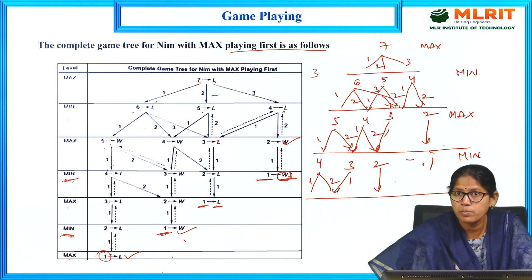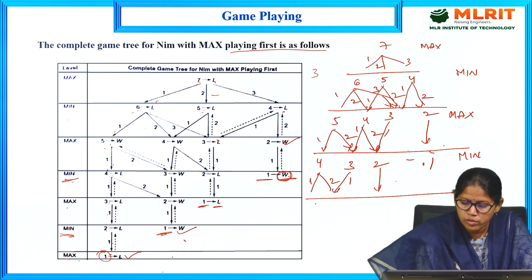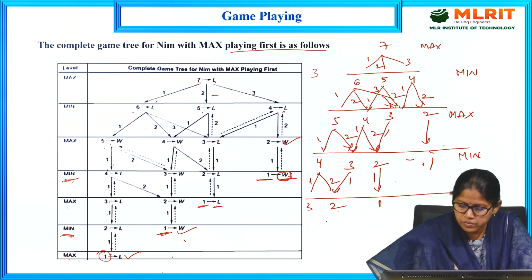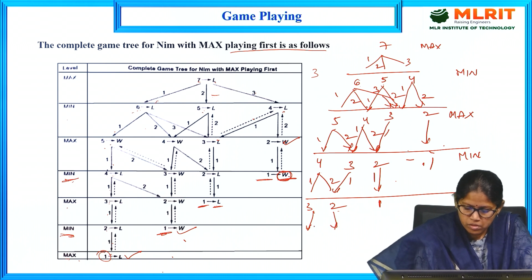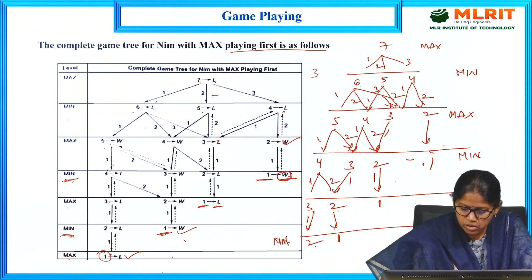At max point, 4 minus 1, 3, 3 minus 2, 1, 3 minus 1, 2, 4 minus 2, 2, 2 minus 1, 1. 3 minus 1, min point, 2, 1.